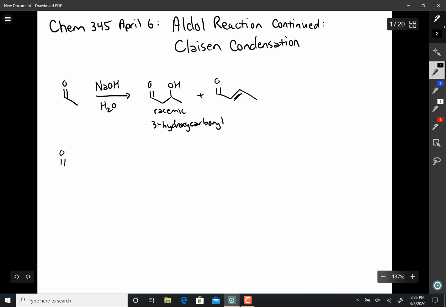If you do this with two different aldehydes present, you end up getting a mixture of products where one's acting as the nucleophile, the other one's acting as the electrophile. Where you get also the self-condensation.